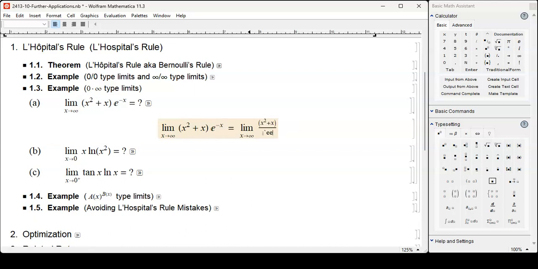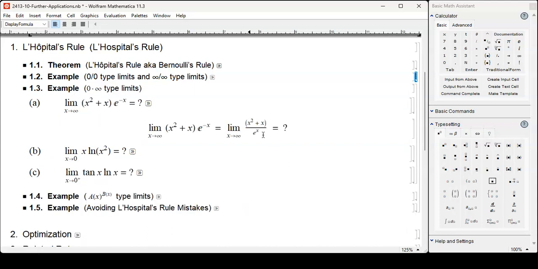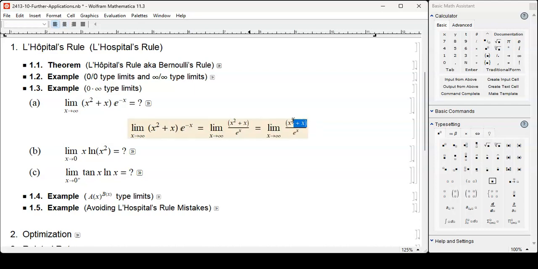You can put this, oops, sorry about the typo. And let's see, put some space here. Okay, that looks a little bit better. So this one is clearly an infinity over infinity type limit that we studied already. Same as this, remember? Even if you forgot, you can just go ahead with the L'Hopital's rule computation. Take the derivative here, we have 2x plus 1.